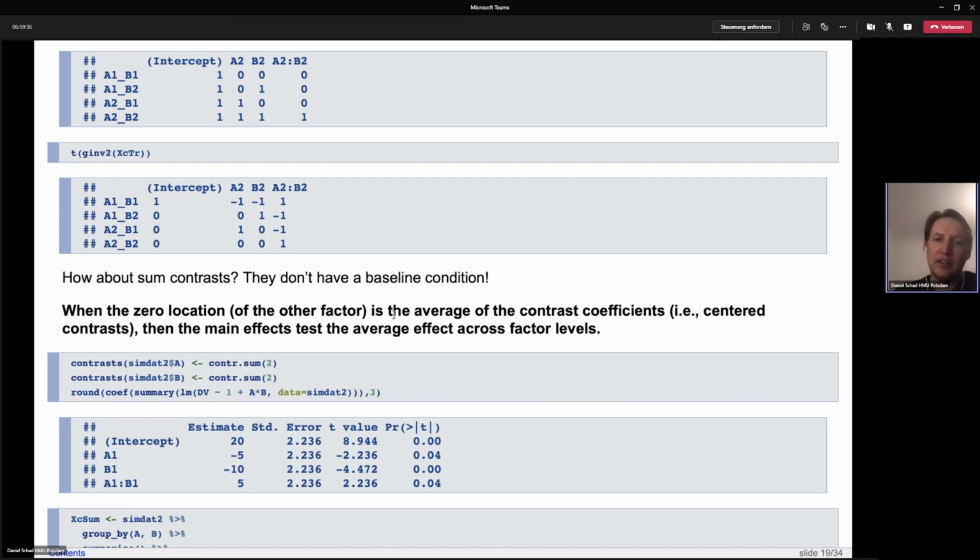So if the other factor is a centered contrast, that means the average of the contrast coefficients is 0, right? What we can do then is we can say that the main effect, the effect of factor A, tests the average effect across the other factor levels.